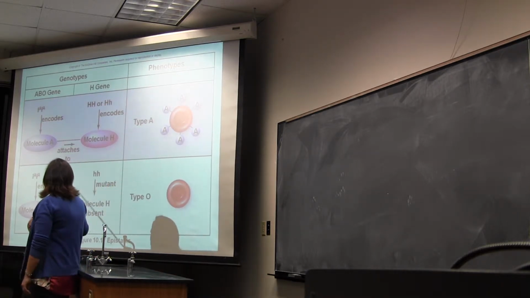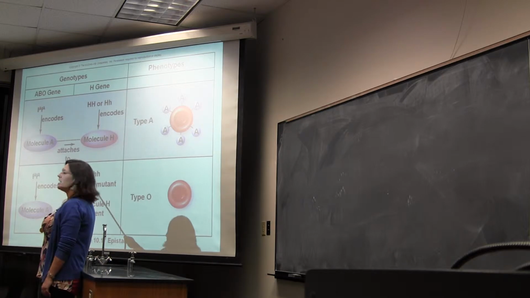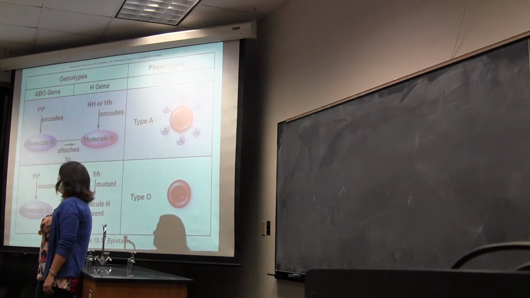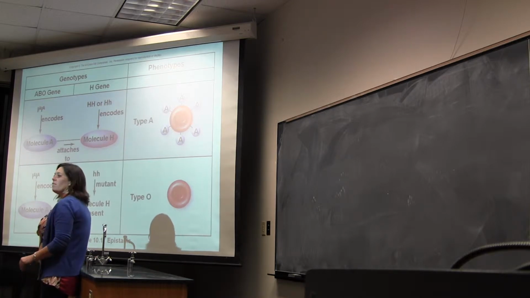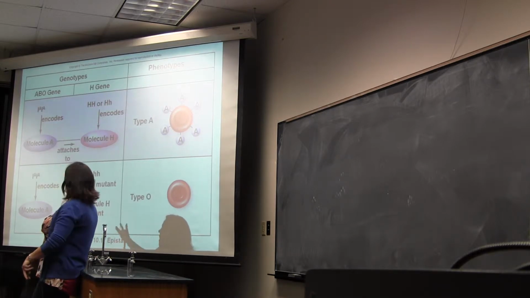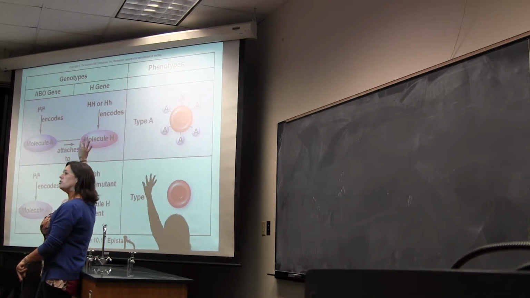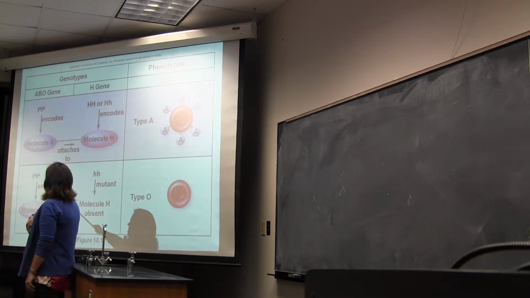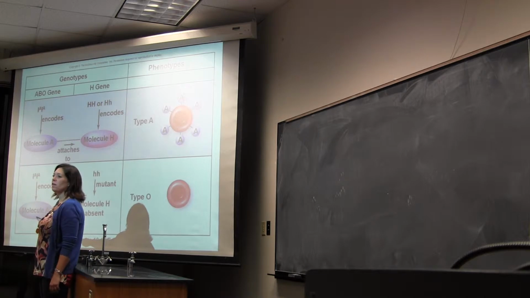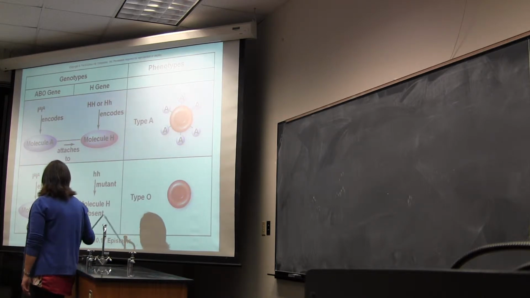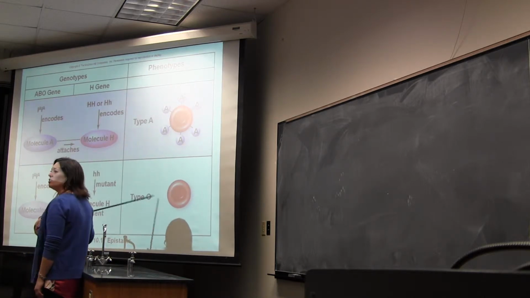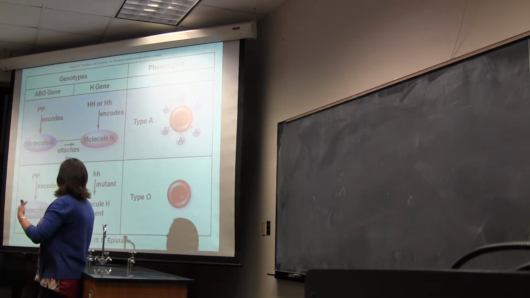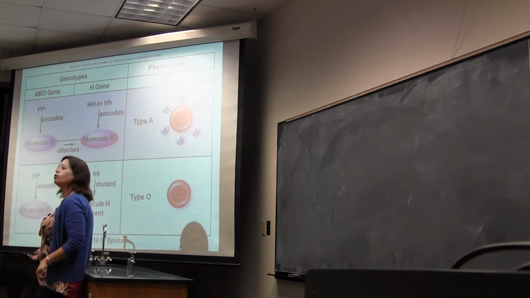But if you have a homozygous recessive or a mutation in this H gene, then that means you're not going to have the molecule H, and that molecule H is required to attach those sugars to the blood. So even though this is coding for type A blood, if you don't have the molecule that helps attach it to the red blood cell, you're going to be a type O. Because type O, remember, is when you don't have any sugars.